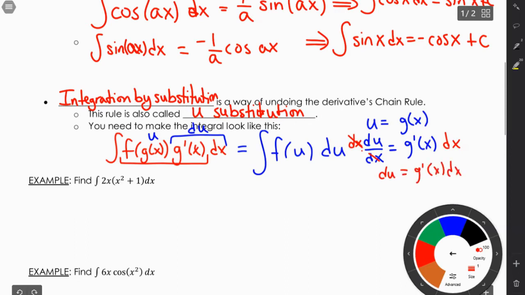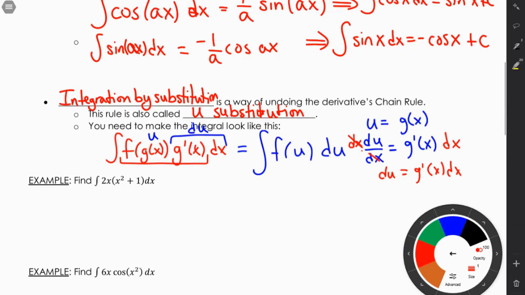We want to keep this g prime of x dx, but you may end up with a fraction outside, by du. Let's look at a bunch of examples and how they work. This example can easily be solved by distributing the 2x and then taking the integral.